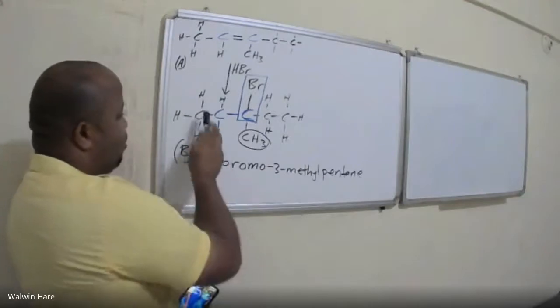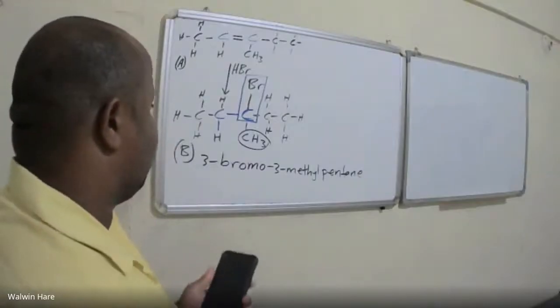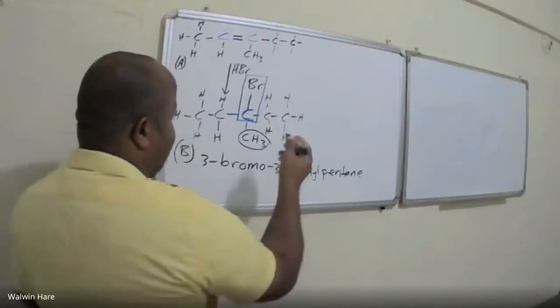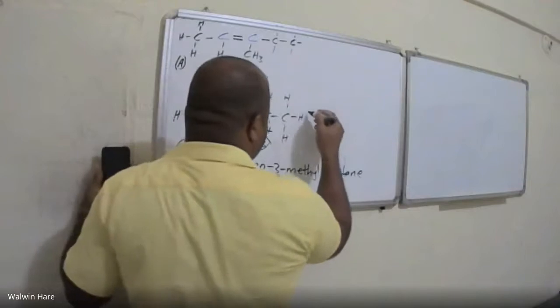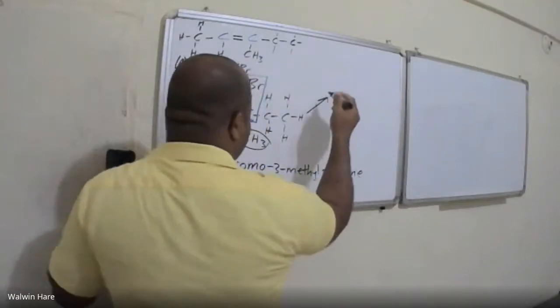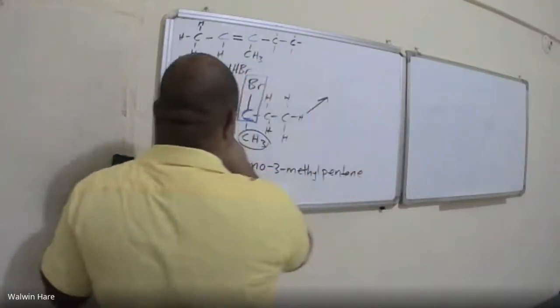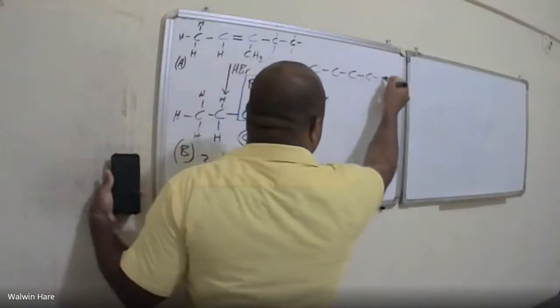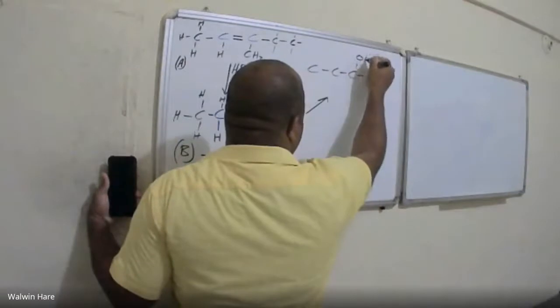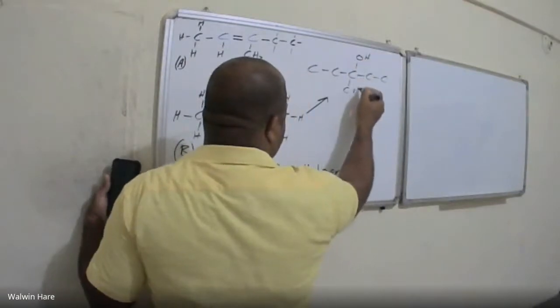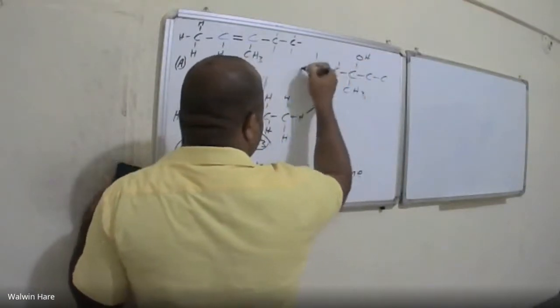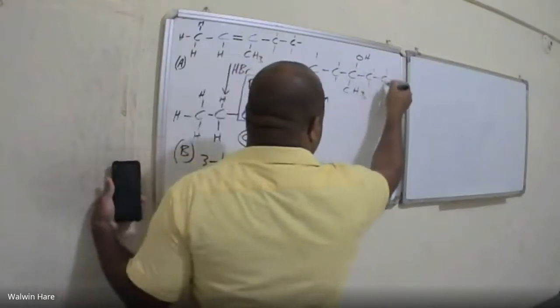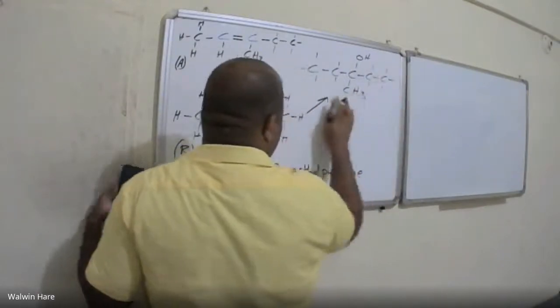It will go on the third one, it would replace the one with the bromine. 5 carbons, OH, and so we have our alcohol.